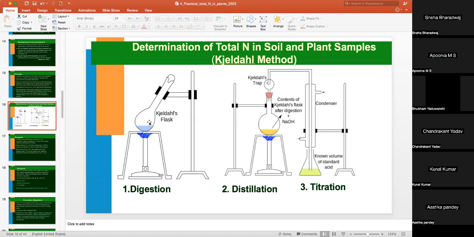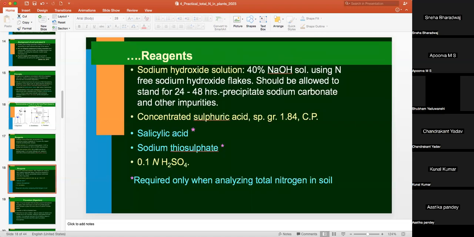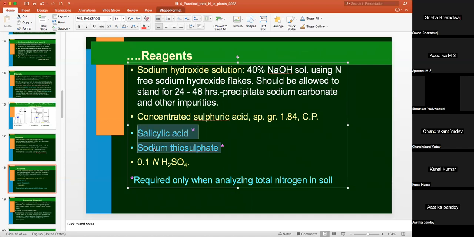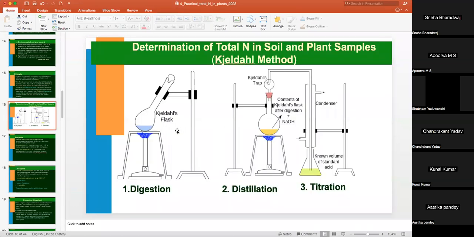If you want to have nitrate in your total nitrogen, you need salicylic acid and sodium thiosulfate. These two chemicals are required to reduce nitrate present in the soil sample into ammonium form. And once it has come to ammonium form, then it can be directly converted into ammonium sulfate.